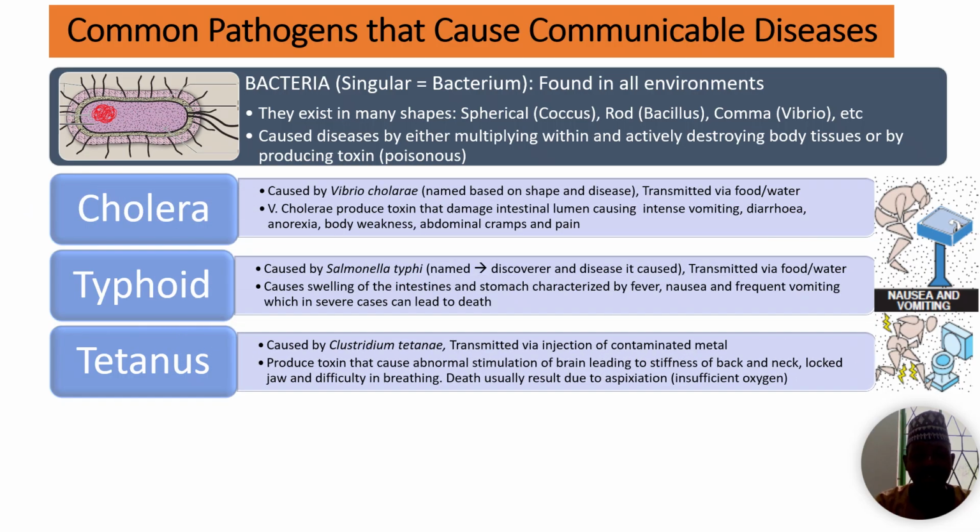Now, the next example of bacterial disease in the environment is tetanus. Tetanus is a disease that is caused by an anaerobic soil bacteria called Clostridium tetani. Clostridium tetani is mostly associated with corroded metals in the soil, and therefore it is transmitted through direct injection of the contaminated metal into the body.